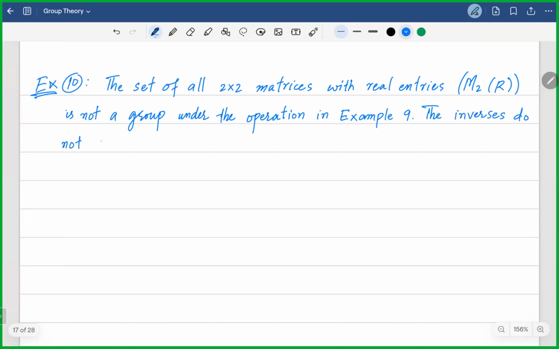Now, apart from matrices, let's try to talk about some other example, and that is example 11.